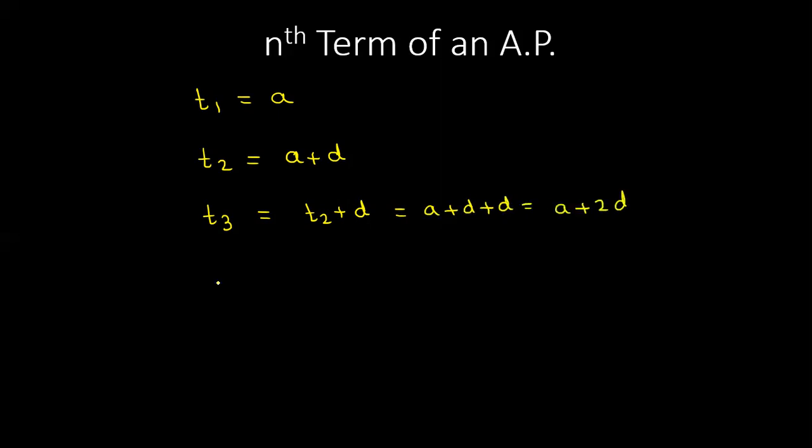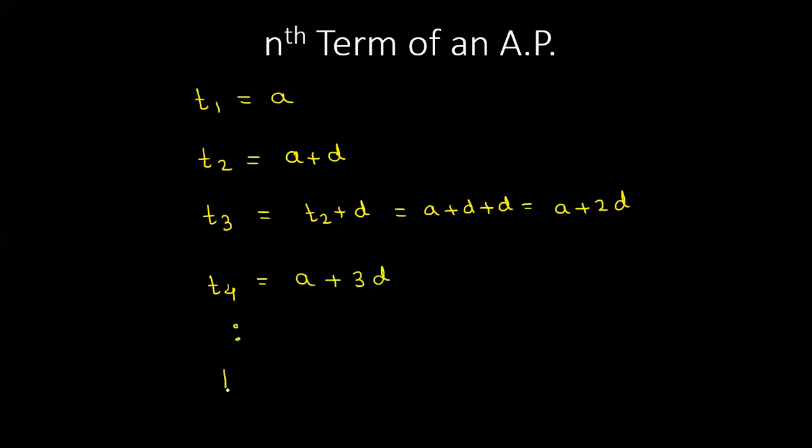So if I say my first term of an AP is A, we know that to find the second term, I need to add the constant number D. To find the third term, I will add the constant number to the second term, which is A plus D plus D, which is equal to A plus 2D. In a similar way, to find the fourth term, I add the constant number D to my third term, which will give us A plus 3D.